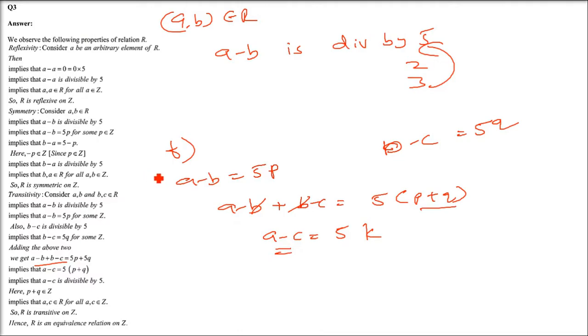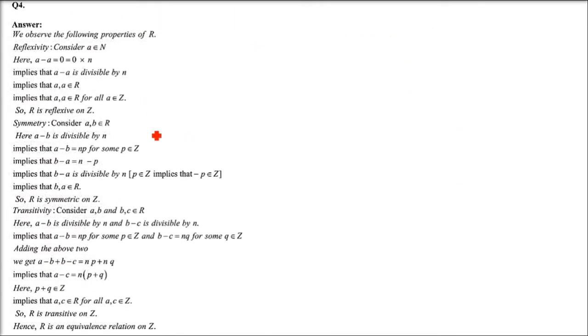The next question is also an important question. The important part is, first was CBSE 2008, second was NCERT, and the third, which we just saw, a minus b divisible by 5, is CBSE 2010. Question number 4. Now this is the generalized form of the previous 3 questions. Previous 3 questions were specific.